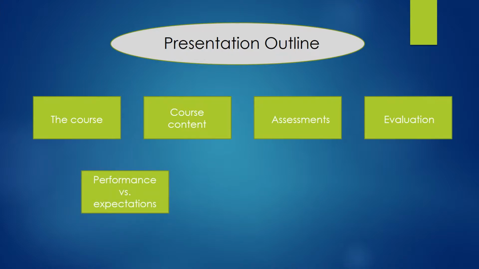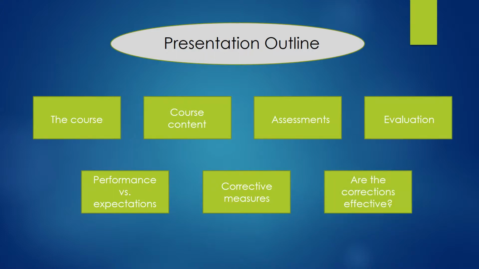The presentation then discusses how analytics were used to compare the actual results against the expectations established during the course design. Serious deviations from expectations require corrective measures. Finally, it is incumbent upon the instructor to determine the effectiveness of the corrections.